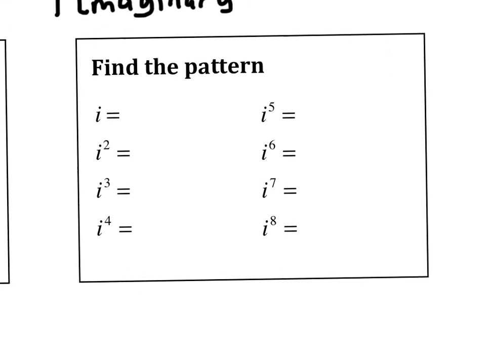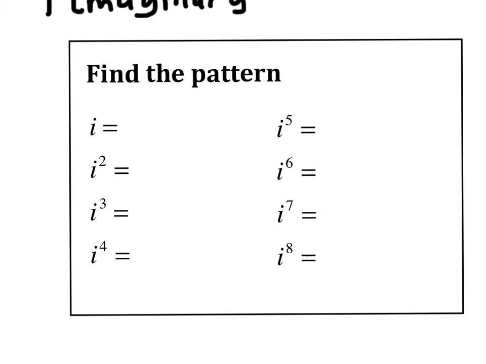Now let's take a moment to consider powers of i and find a pattern of some kind. So i is defined as i, so there's nothing crazy there. And i squared we already defined as negative 1. Well, notice with i cubed, we can split that up into two things, i times i squared.